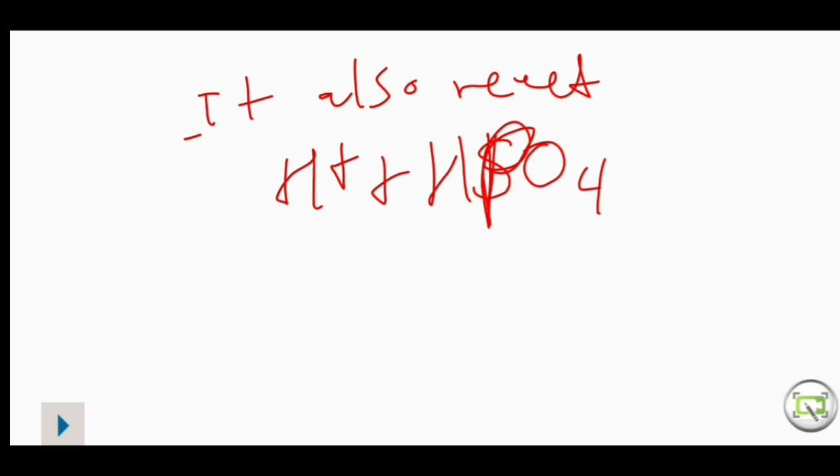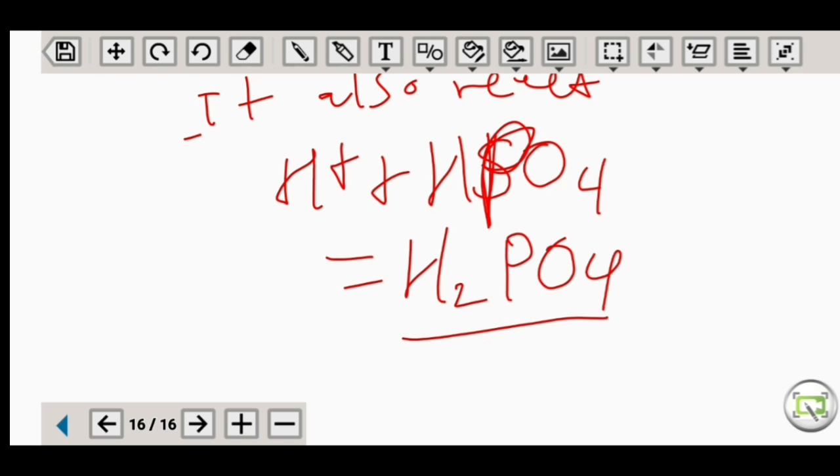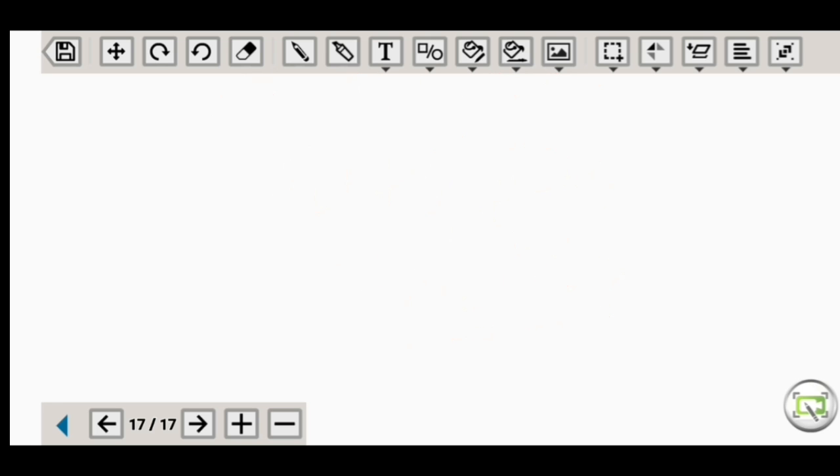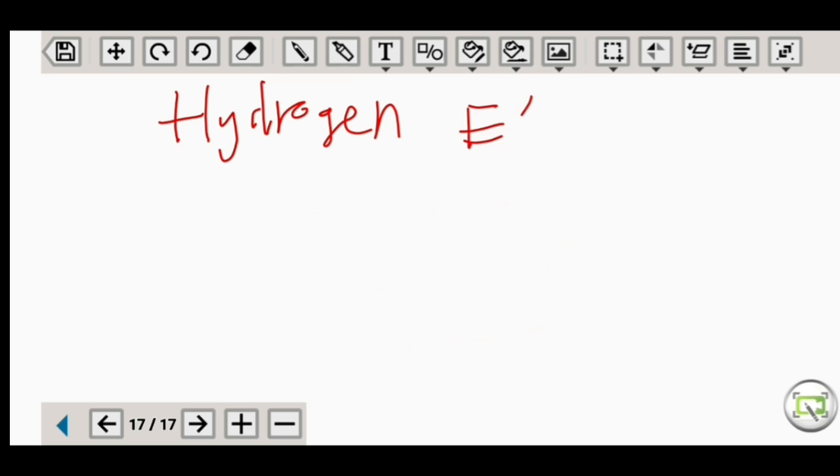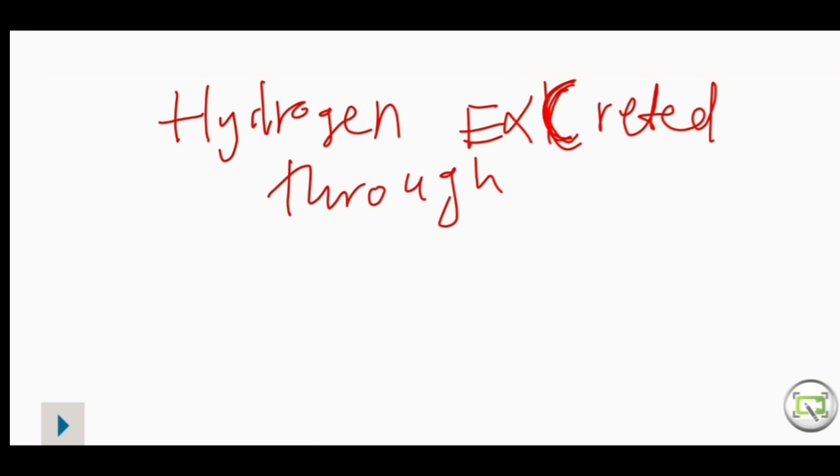So this is how hydrogen ion is being prevented from going back. So hydrogen ions are excreted out of the body through urine in the form of ammonium and also dihydrogen phosphate.